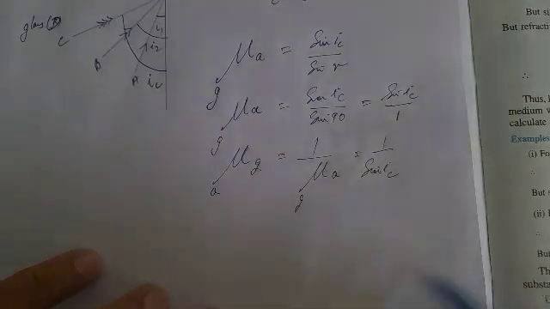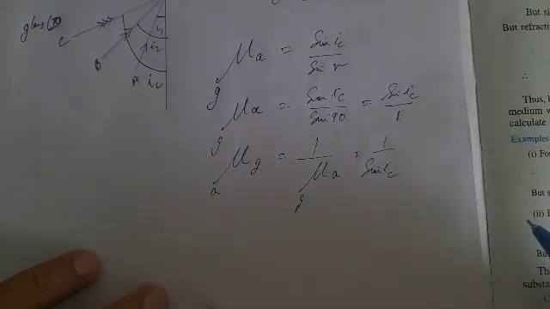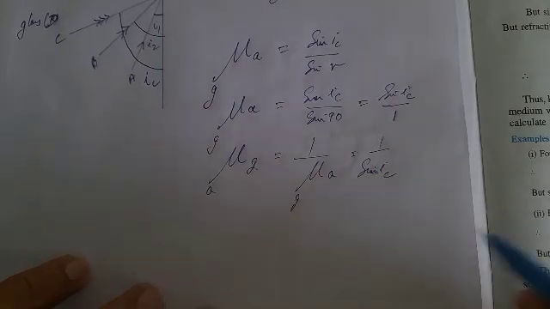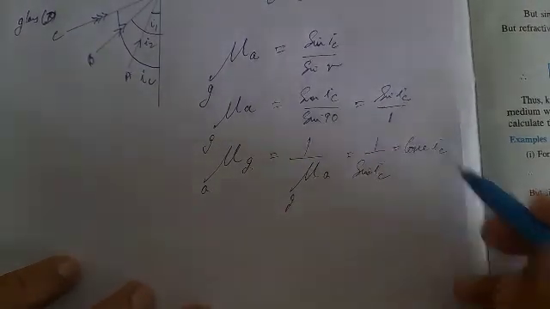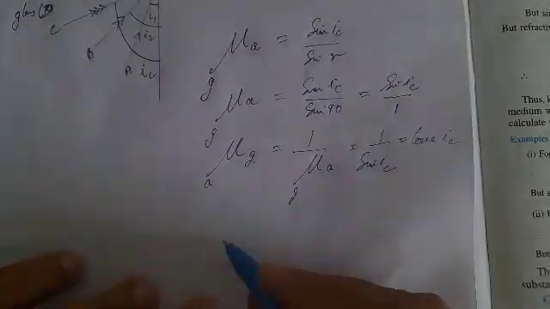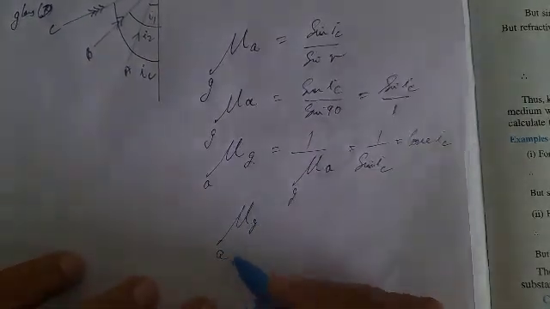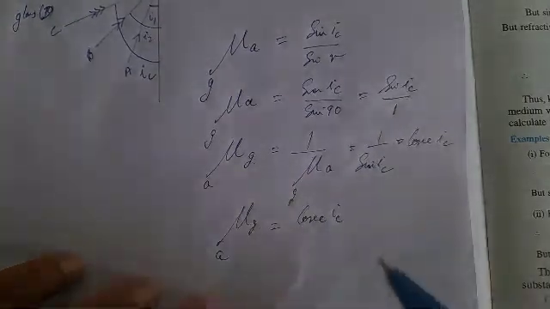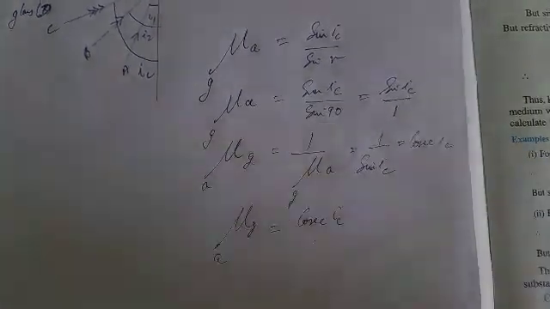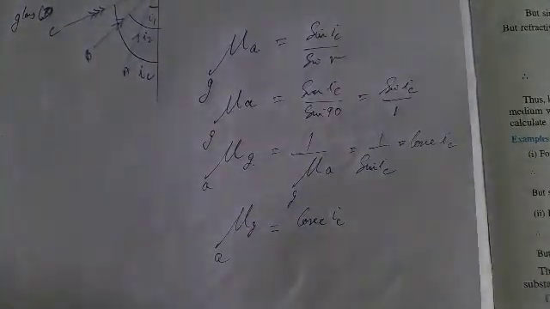I am taking a reciprocal. Remember that reversibility of light. So 1 by sin IC is cosec IC. So refractive index of glass with respect to air is equal to cosec IC. This is what the deduction shows.